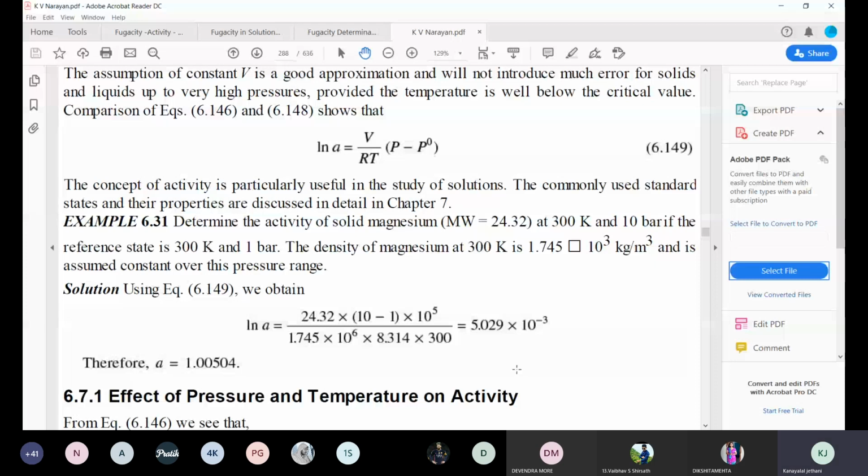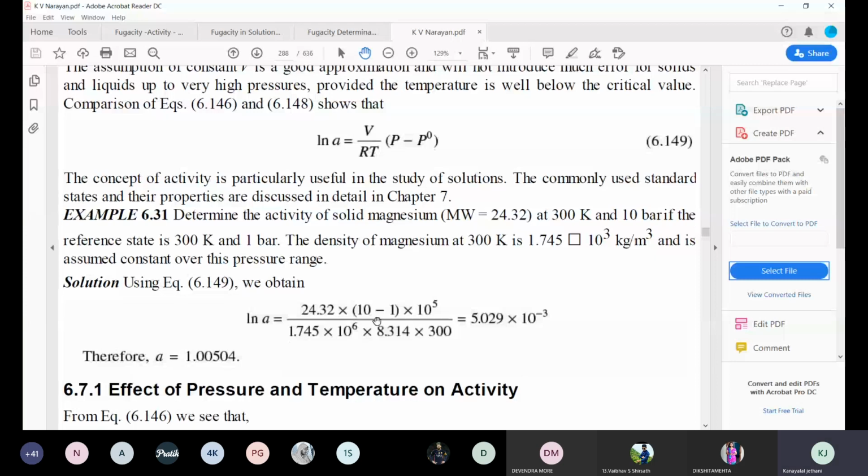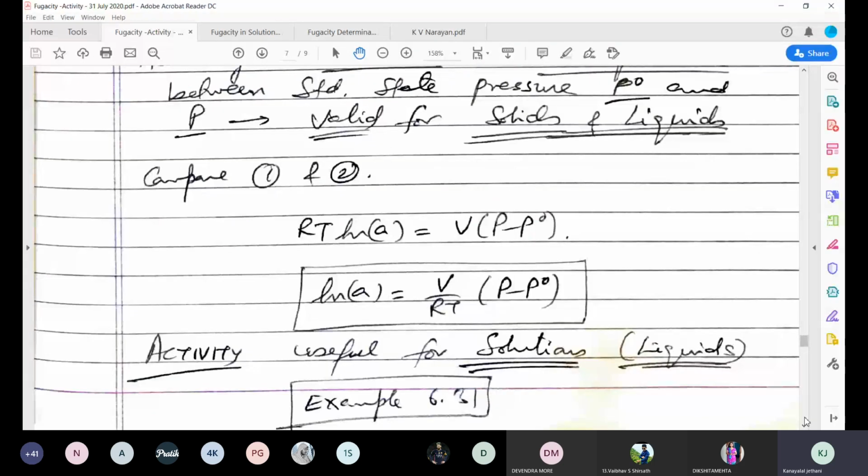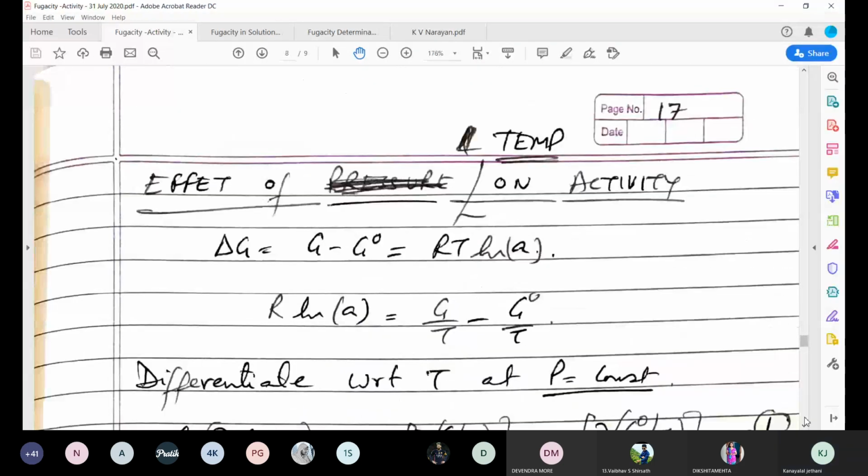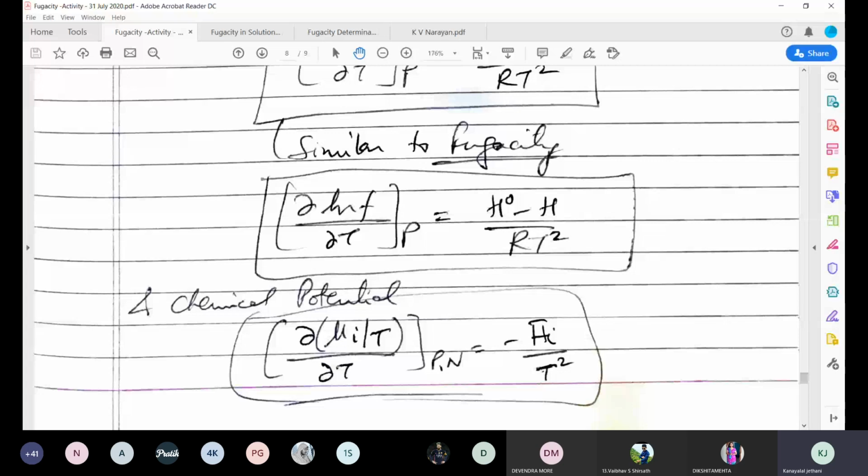But let us take this for time being. So equation ये है, तो हम वो directly we can calculate based on density and pressures. ठीक है? Any doubts, questions on activity before we proceed to the next topic?